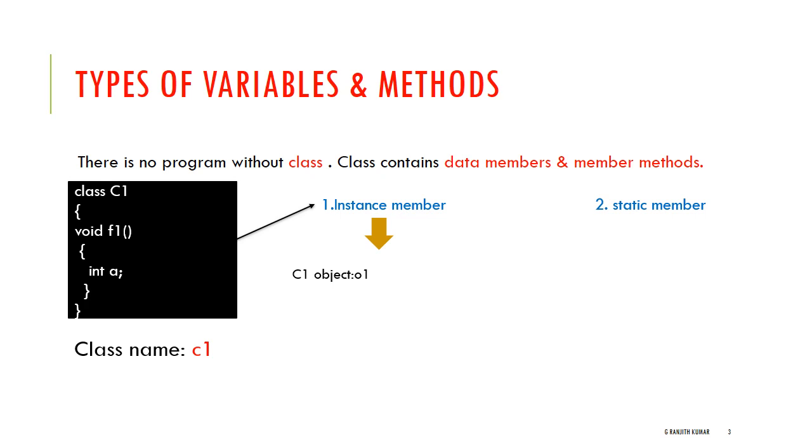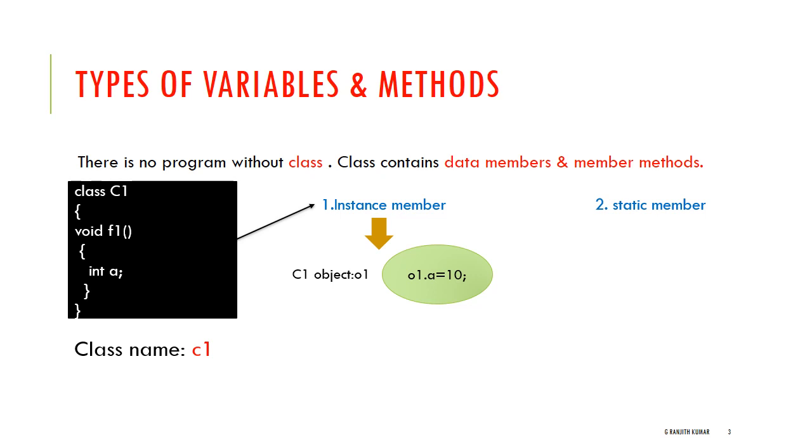For object names, class names, or identifiers, we can use any name other than predefined words. So when O1 is created, a separate memory location is created for the members of the class. Here A is a variable that is a member of the class.